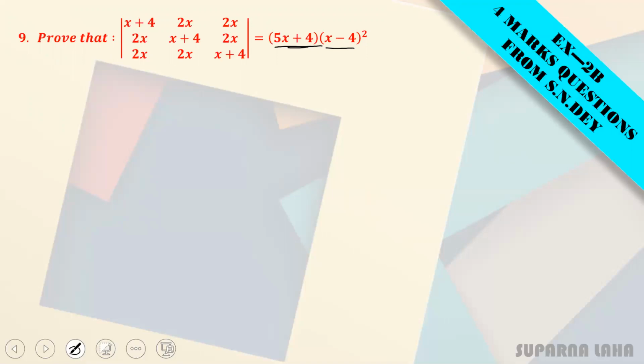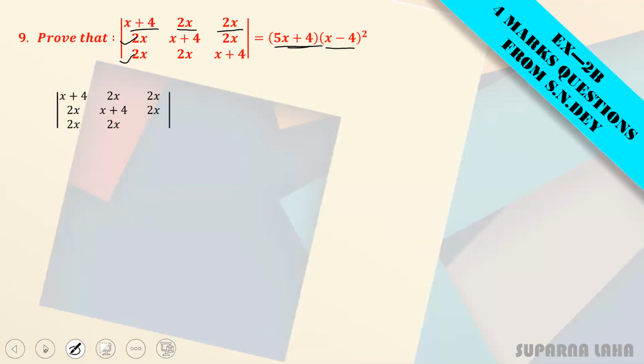How do we get this factor from the determinant? We add column 1, column 2 and column 3. So x plus 4 plus 2x plus 2x is 5x plus 4, and the same for the other rows. This is your first operation.